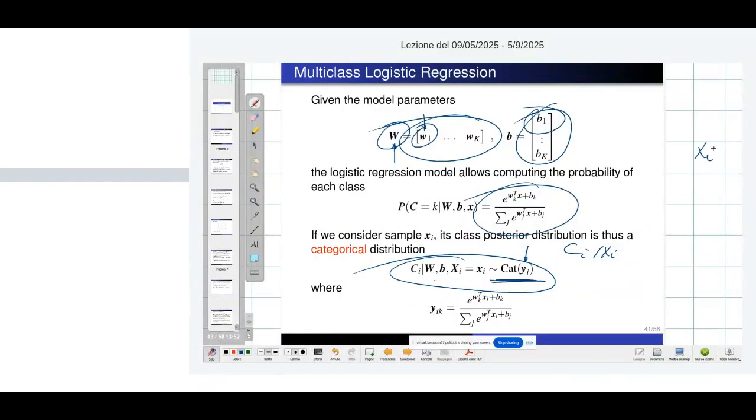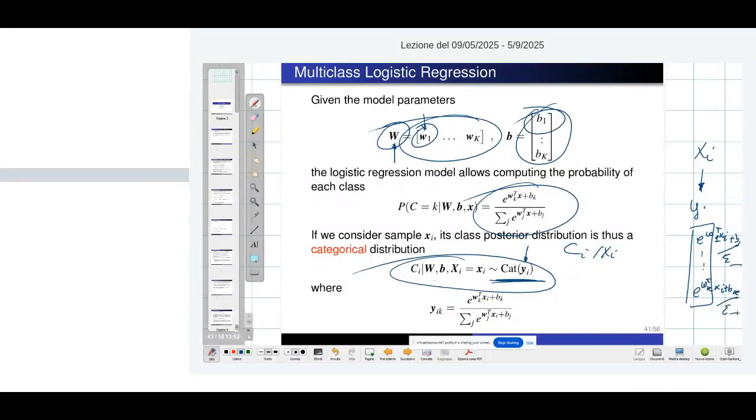So if I have feature vector Xi, you will have an associated vector Yi that contains the terms exponential of W transpose 1 Xi plus B1, up to exponential of W transpose K Xi plus Bk, each of these divided by the sum of the exponentials.